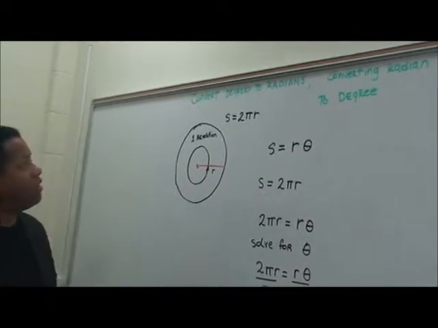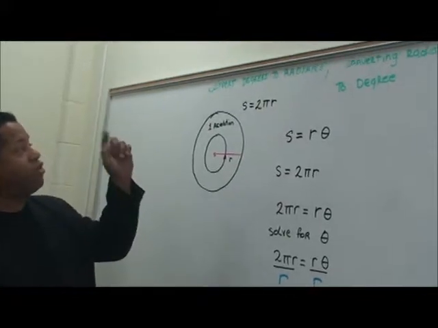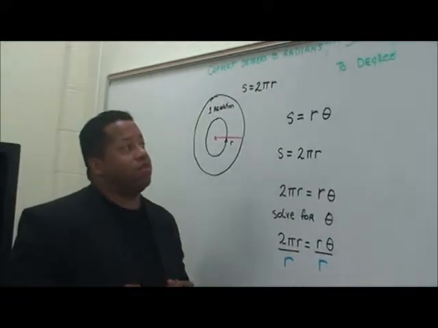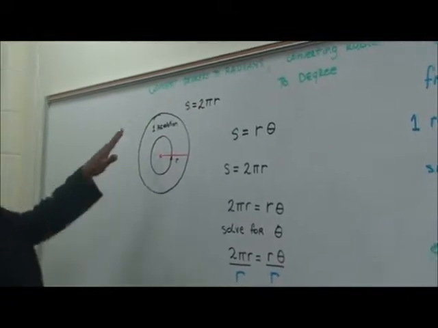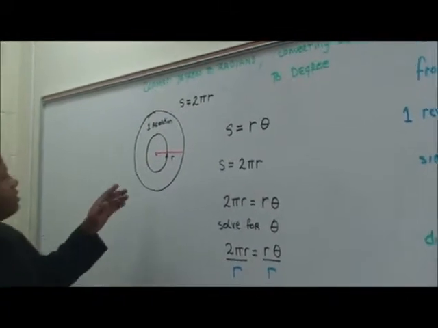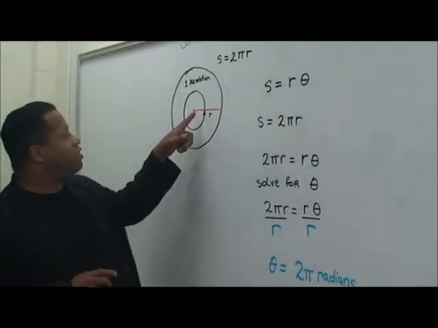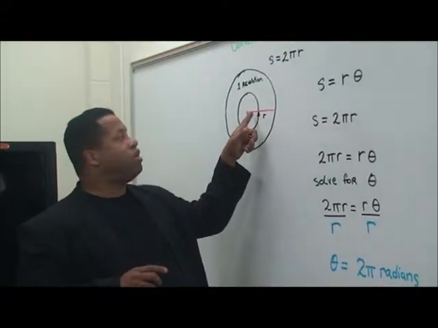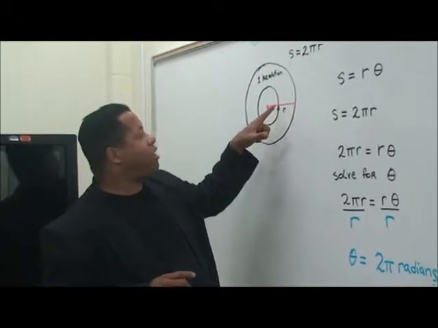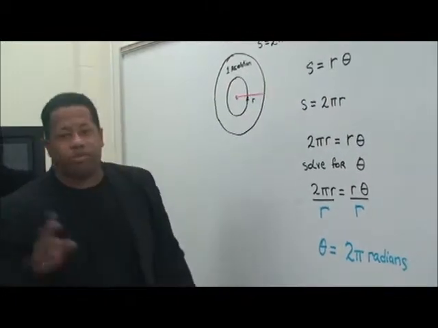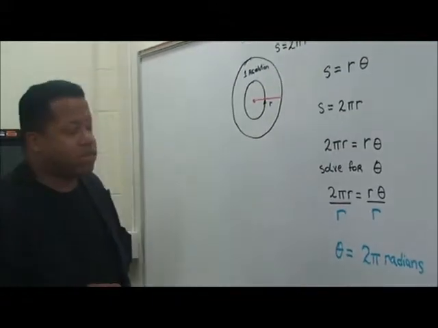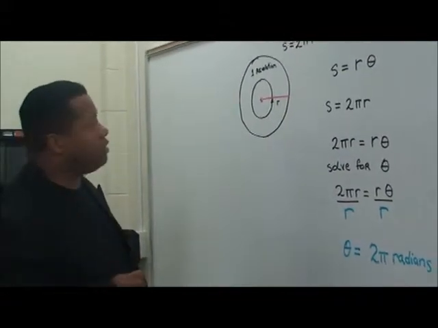Now let's talk about converting degrees to radians and radians to degrees. If you have a circle here, this is the initial side, and it goes all the way around one revolution, you have 360 degrees, which is equal to one revolution.